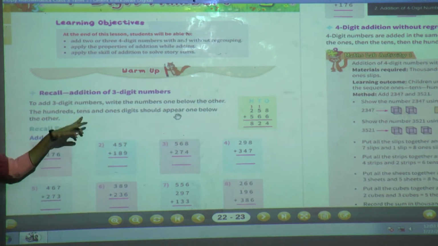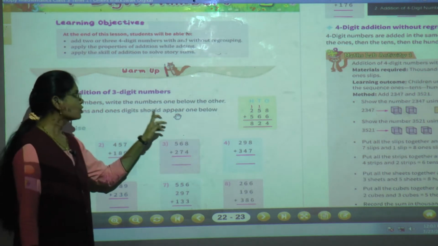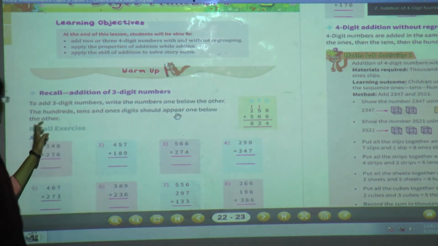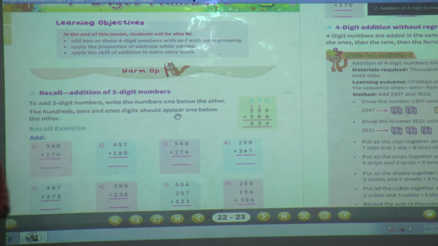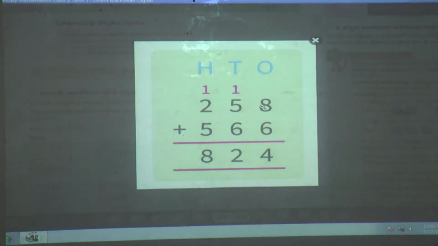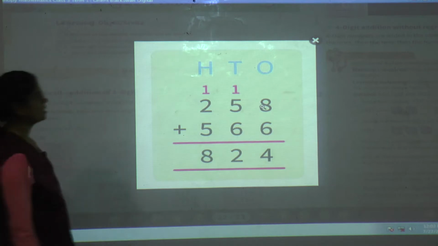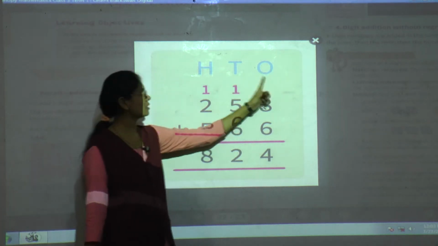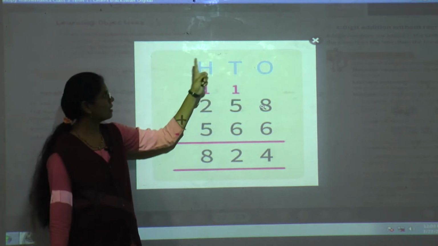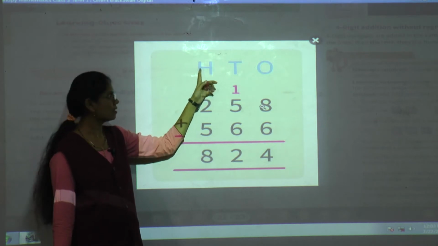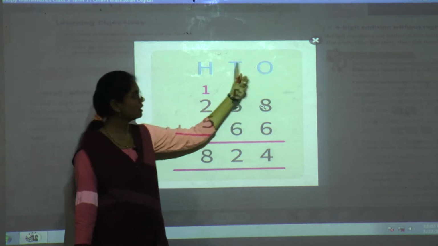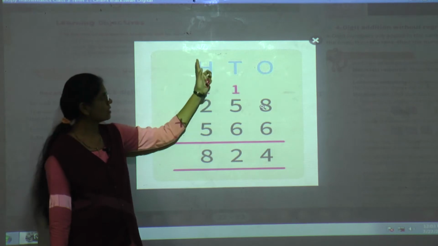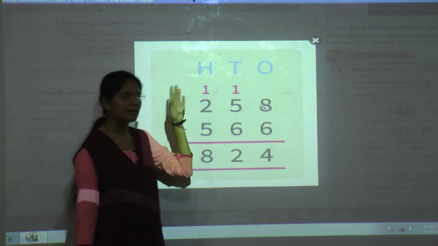The hundreds, tens and ones digit should appear one below the other. Here I will show you one example. See this. Here you can see ones place, this is tens place, and this is hundreds place. O stands for ones, T stands for tens, and H stands for hundred.